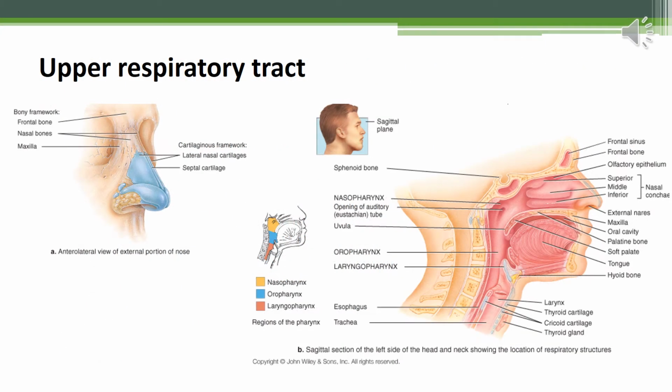Here's a diagram of the various parts of the upper respiratory tract, and in this diagram they actually have the pharynx divided into its three component parts: the nasopharynx, the oropharynx, and the laryngopharynx. And also the larynx is labeled, and so are the parts of the nose.